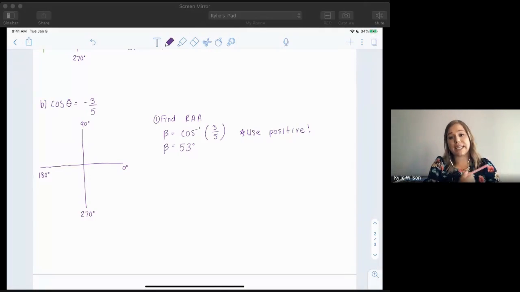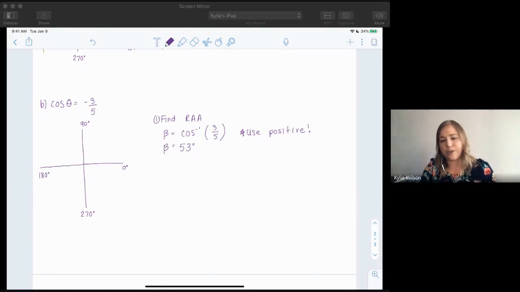So beta is the symbol that we use to describe our related acute angle, and it is used conventionally in math. If you take grade 12 functions, or do stuff like this in post-secondary, they'll always use a beta to describe their related acute angle.